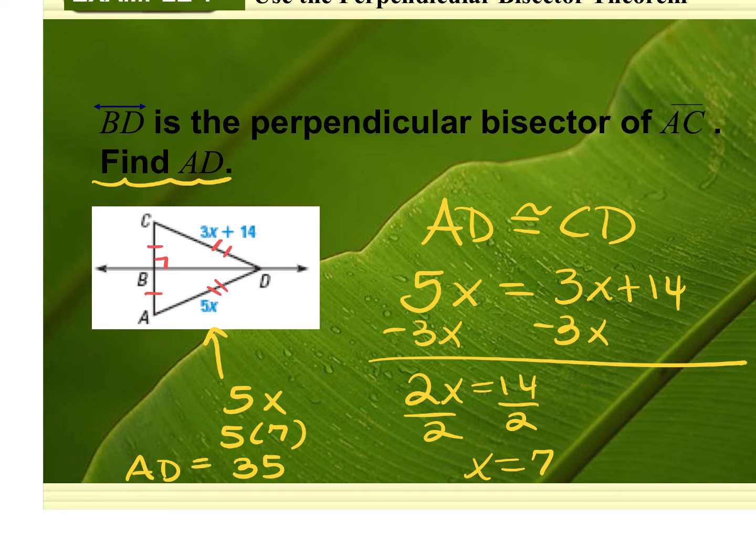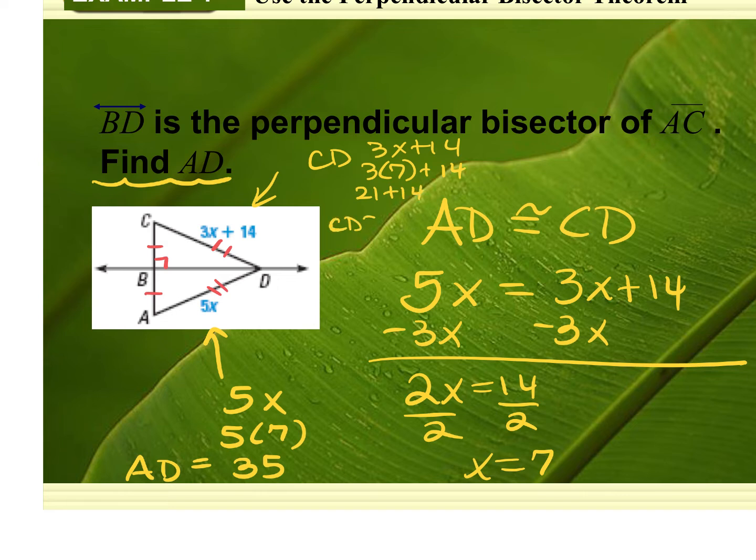Now, if you wanted to double check it, CD should also be 35. So you could also take what CD equals and plug in 7 to the 3x plus 14. 3 times 7 plus 14. So 3 times 7 is 21 plus 14.